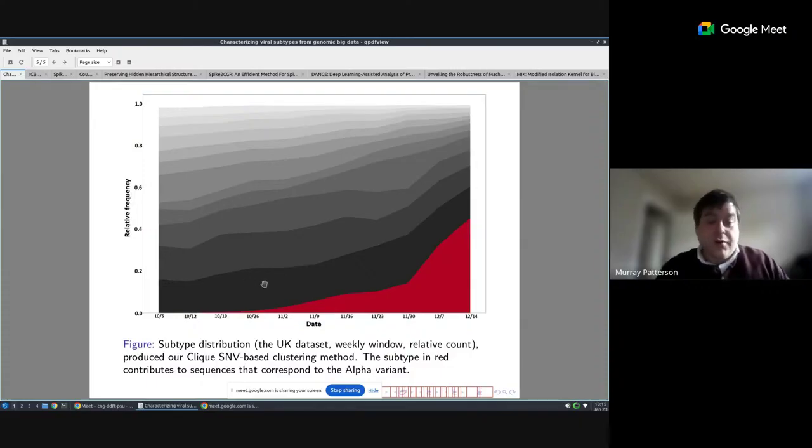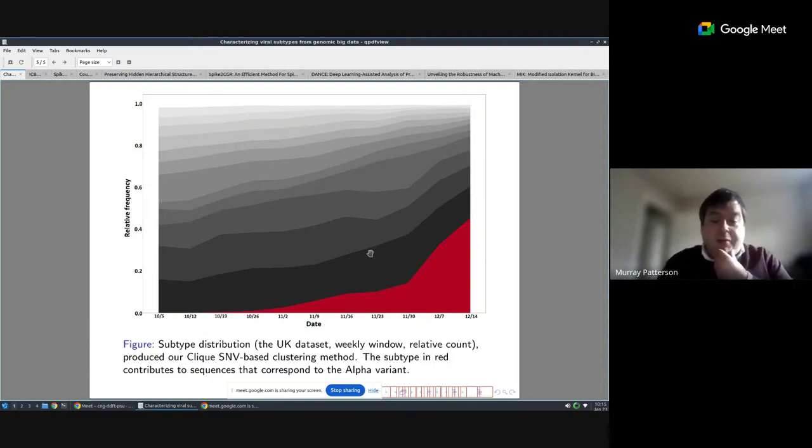Here we're using the clustering method just to see how the clusters grow as time goes on, right? And indeed, we were able to pick up this alpha variant, which quickly grew at the end of the year 2020. So that's just experimental validation of this.